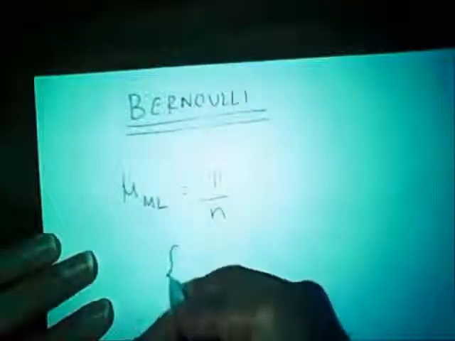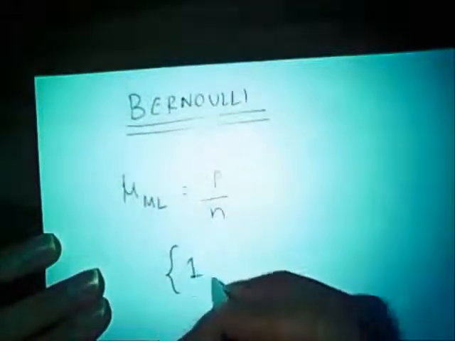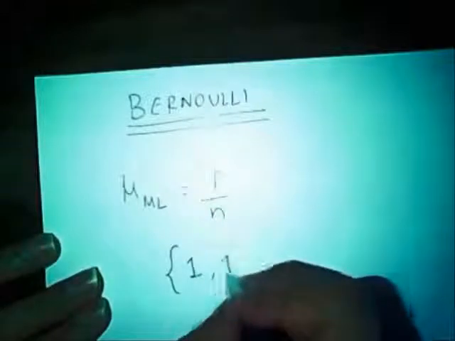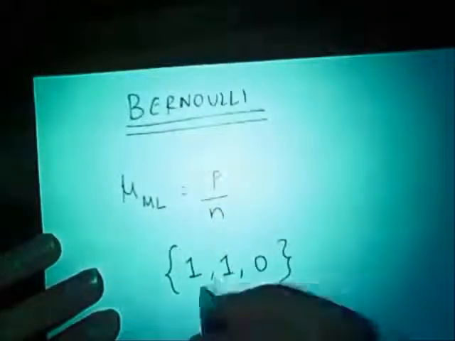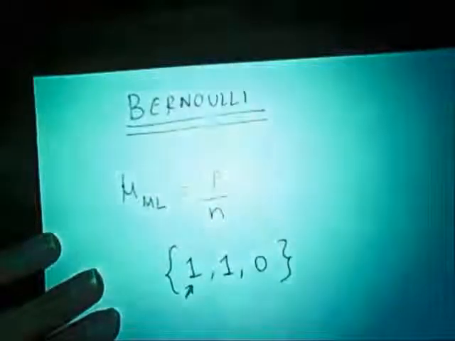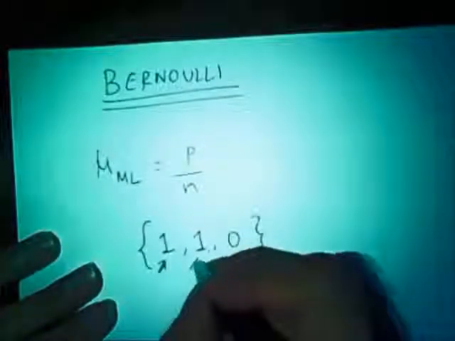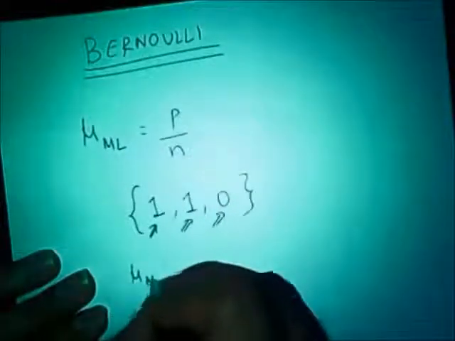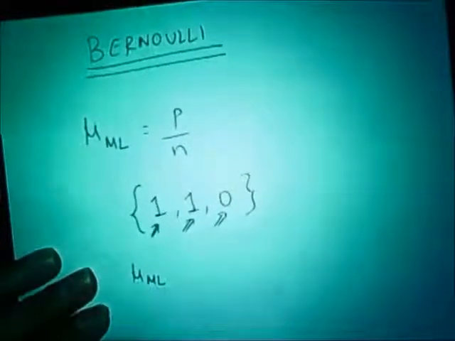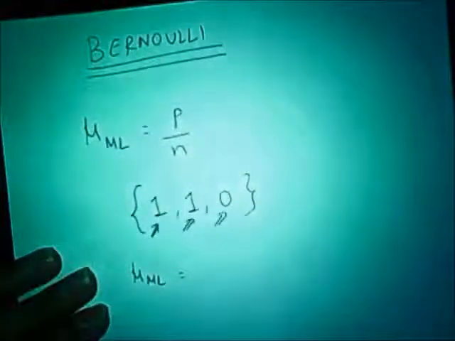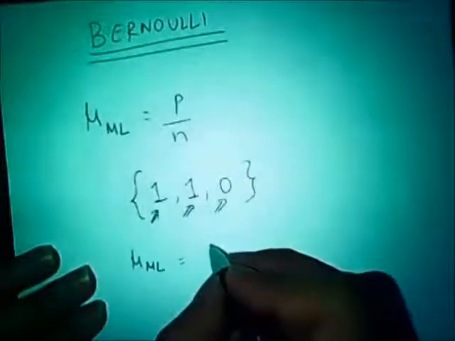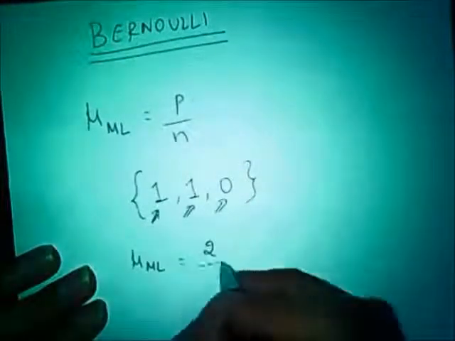So let us assume that we had data where we got 1, 1 and 0. This would mean that I got a head in the first attempt, head in the second attempt, and tail in the third attempt. So my mu ML for the fourth attempt, if I want to estimate the mu with which I'm going to get a head, is going to be p, which is the total number of heads that I've obtained, so 2 over n.